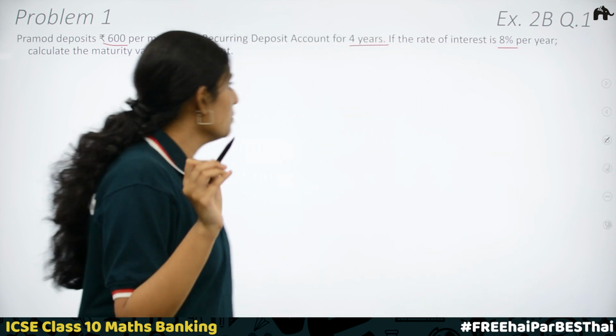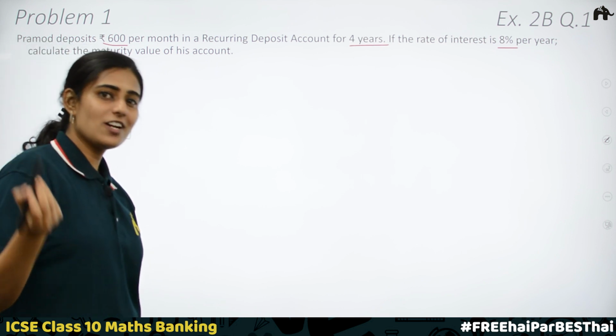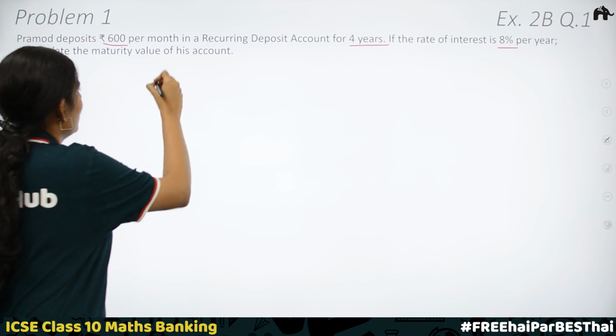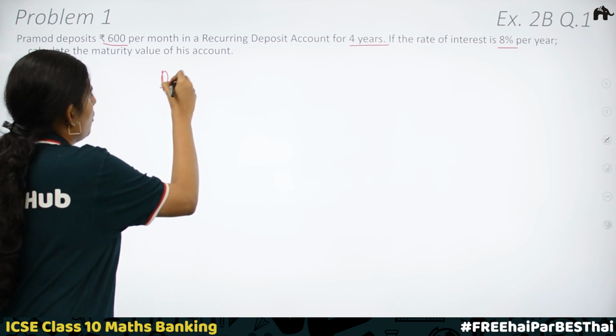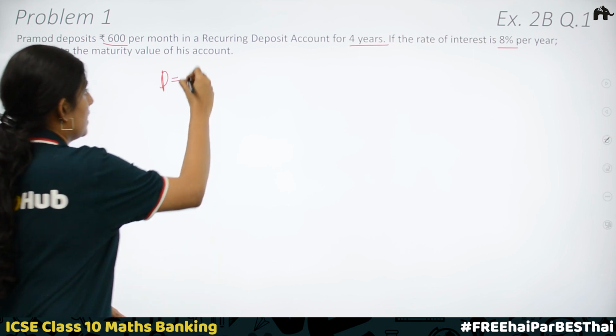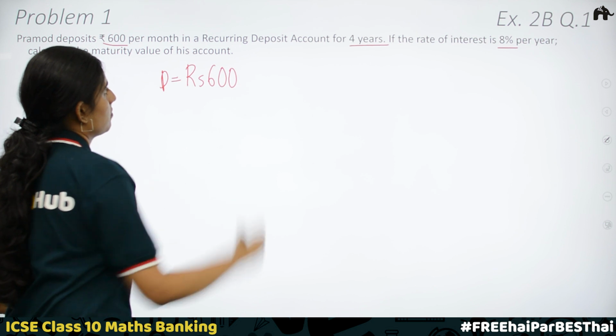We have solved many such questions in our previous session and I hope you all remember the formula to solve these problems. Okay, now here what is the value of P? P, that is the monthly installment. This rupees 600.